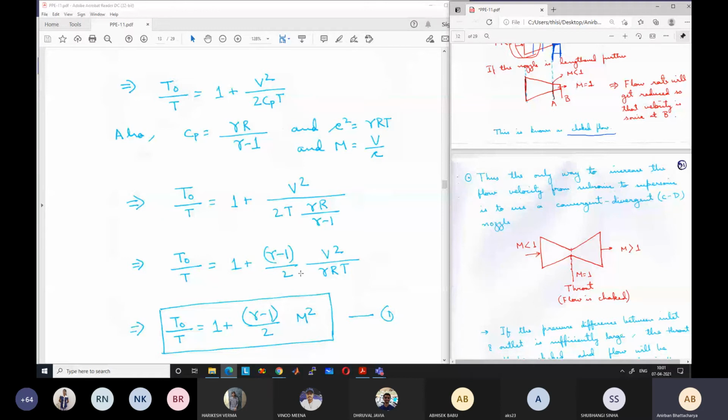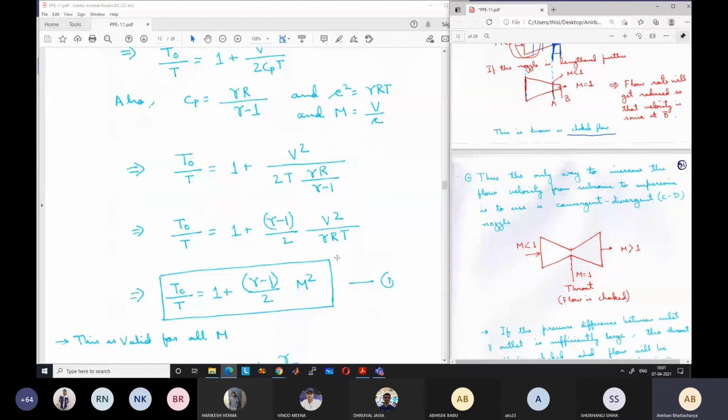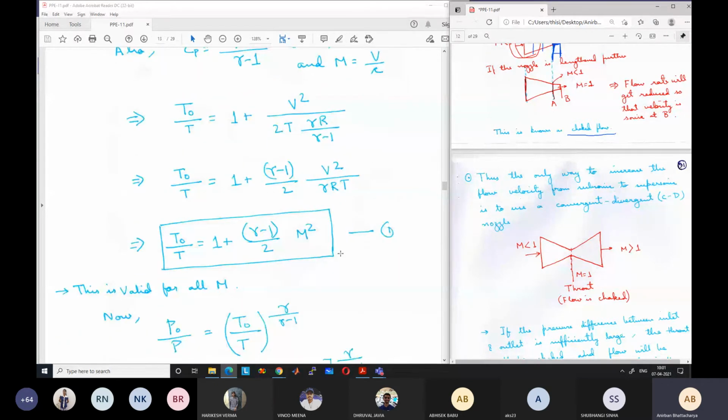This is actually a very famous equation. So, this is how the stagnation and static temperatures are related in a 1D isentropic flow in terms of velocity. T0 by T is equal to 1 plus gamma minus 1 by 2 M square. This is valid for an ideal gas, because we have used the ideal gas law for writing this velocity.